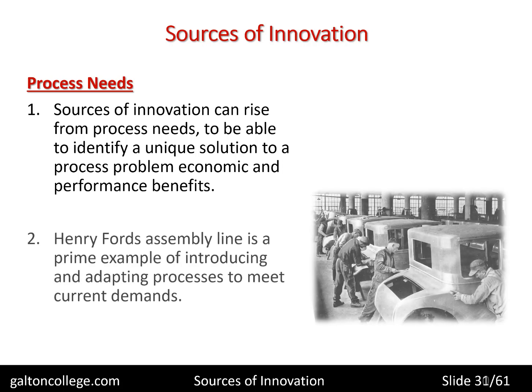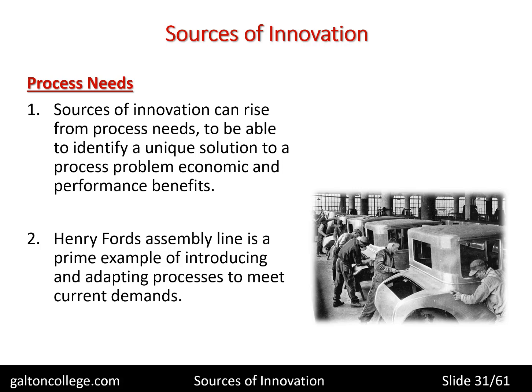Henry Ford, or his assembly line, is a prime example of introducing and adopting processes to meet current demands. When Ford decided to produce cars, he broke down the production process, the division of labour, as economists call it, down into small functions. You could argue, of course, that that was dehumanizing because each function was repetitive.